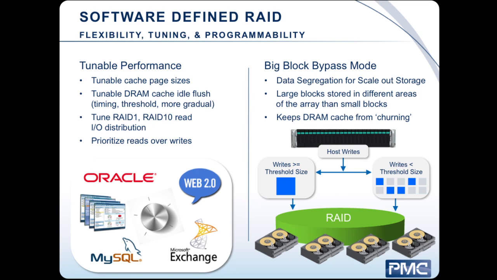So here are some features that we have in order to be able to tune our device to run different types of workloads in the data center, whether it be optimizations for Oracle or SQL Server.